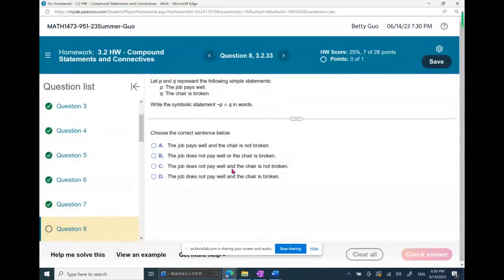Number 8. P is the statement that the job pays well. Q is the statement that the chair is broken. Write in words what this symbolic notation represents. Okay, look at the structure. I have stressed many times that structure is so important.